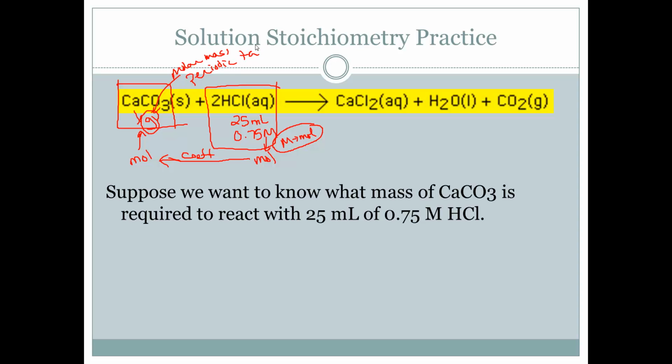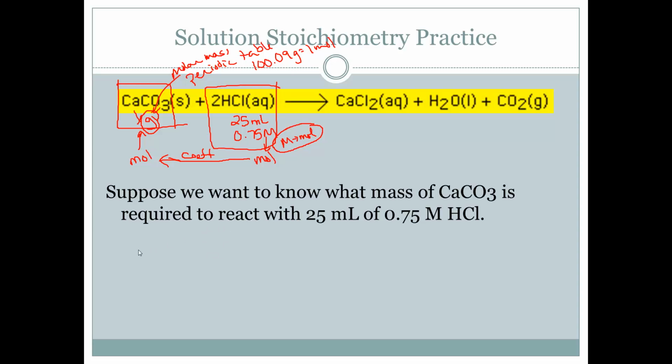I'm assuming at this point you know how to do that. And so the molar mass of calcium carbonate is 100.09 grams is equal to 1 mole.